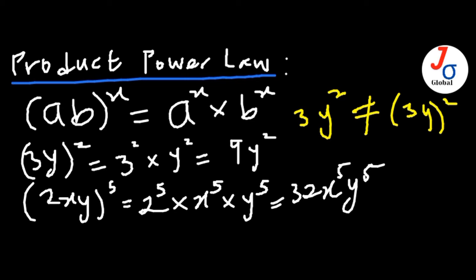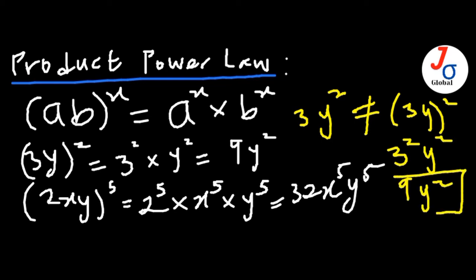Because this is 3y squared, and this would be 3 squared, y squared, and that would be 9y squared. So they are different. It's never the same with this. So don't confuse this with this.